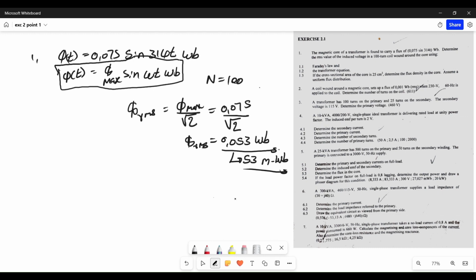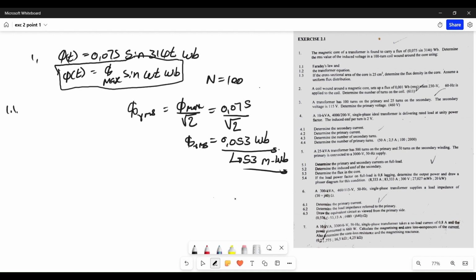Okay, so 1.1, let's use Faraday's law. The law states that whenever you have a change in magnetic field, if it cuts a conductor at right angles, or the opposite happens, an induced EMF will be present inside the conductor, which is equal in magnitude but opposite in direction to the supply voltage.